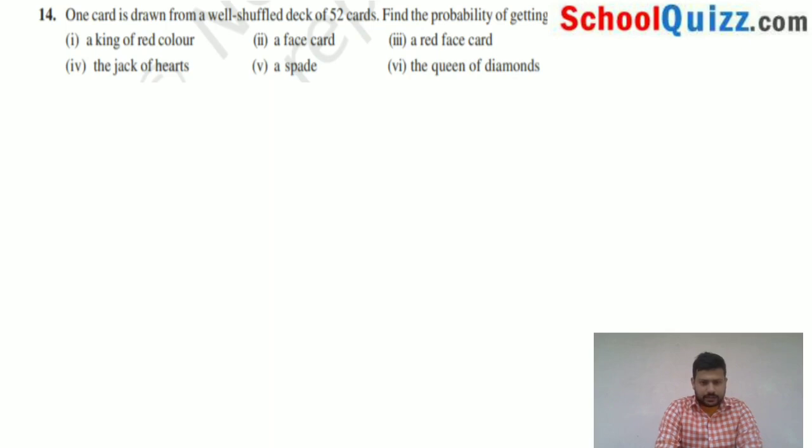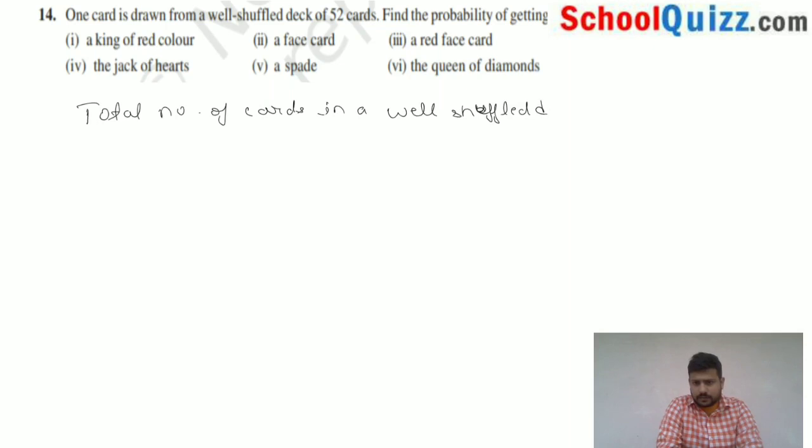Now as we know that the total number of cards in a well shuffled deck is equal to 52. That is, we have 52 cards in a well shuffled pack of cards.